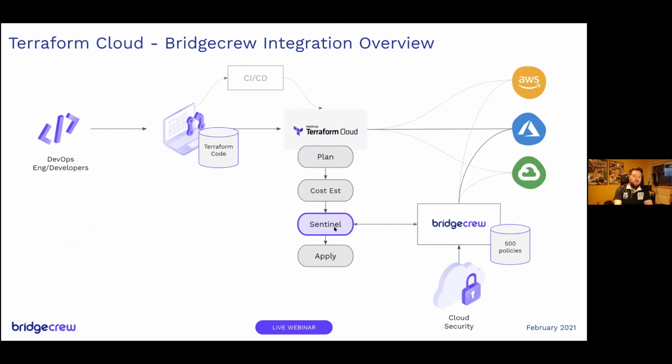And because Bridgecrew comes with 500 plus out-of-the-box policies in different categories, for different clouds, for different severities, we can plug those via the Terraform Cloud Sentinel APIs into any run you are doing in Terraform Cloud to augment those pre-built security policies into Terraform Cloud, and also allow the security team that may have other policies and other things set up in Bridgecrew to actually see that integration.